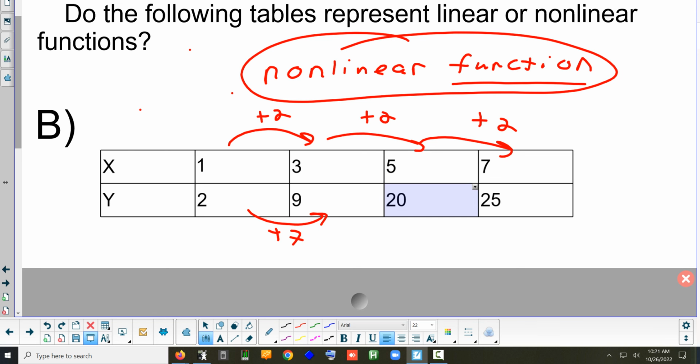There's no repeating numbers on the x. Exactly. There are no repeating numbers on the x's. That part tells me it's a function. The fact that I don't add or subtract the same number each time tells me that it's non-linear. So this table tells me 2 different things, whether it's linear or non-linear, and whether it's a function or not.